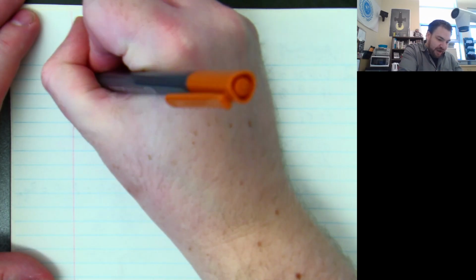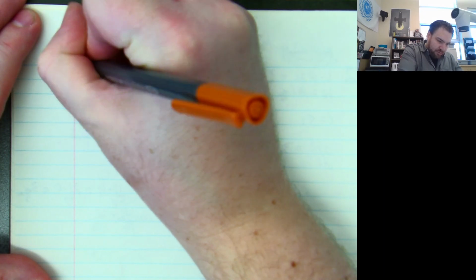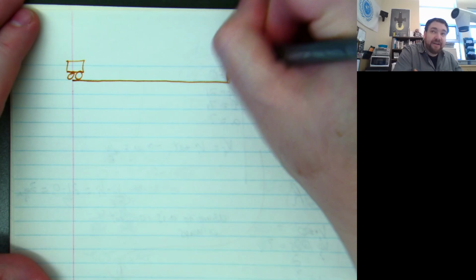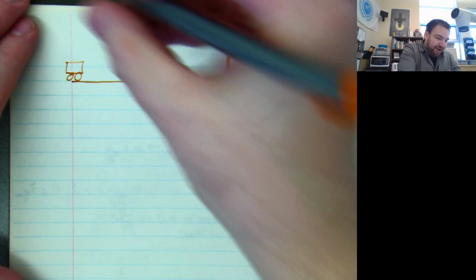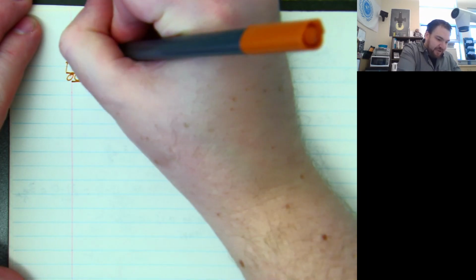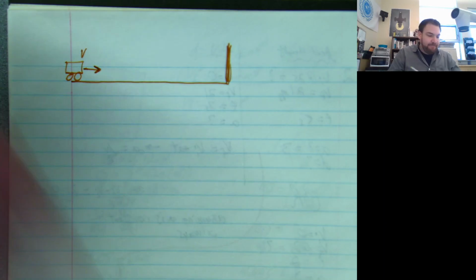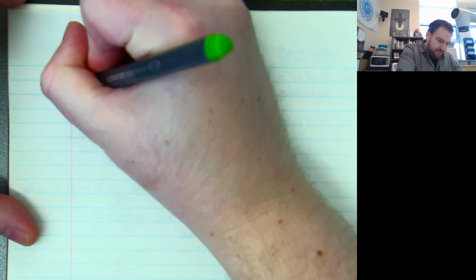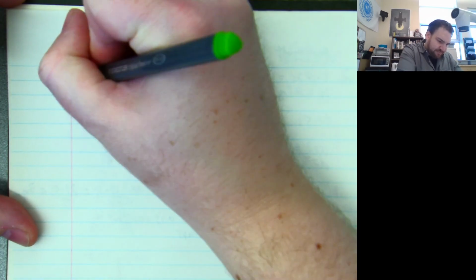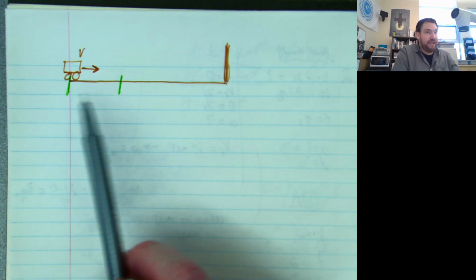For the sake of picturing it, I'm going to draw it. Not well, but I'm going to draw it. There's a car, there's our barrier. Buddy's going this way with some velocity v. Now there is a chunk of time and distance where he has not slowed down at all yet.